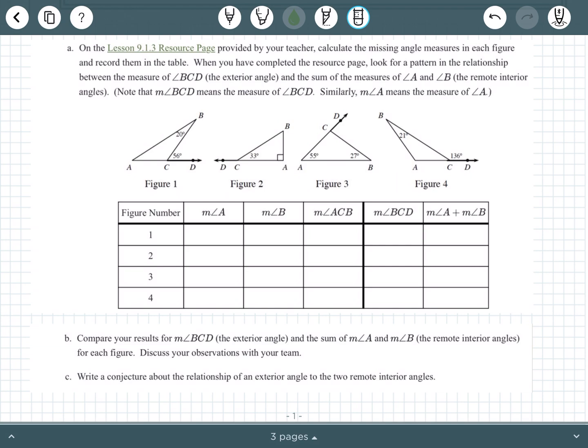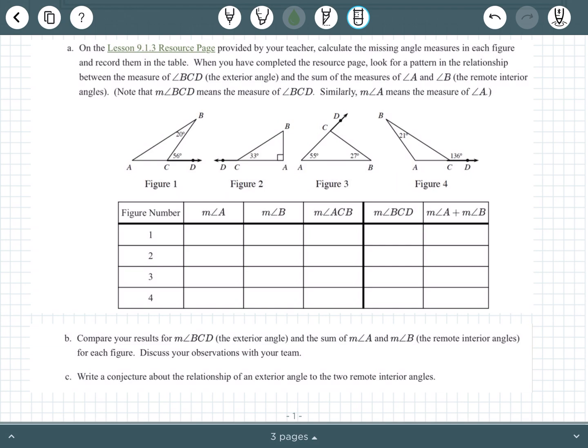Note that the measure of angle BCD means the measure of angle BCD. Similarly, m angle A means the measure of angle A.